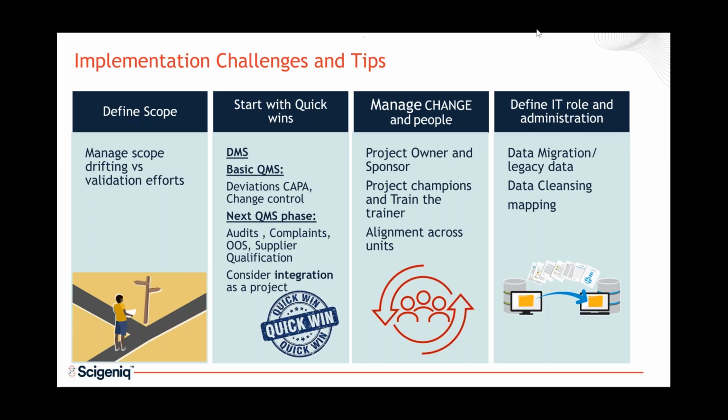So you need to define the scope and make sure what scope you want to do for this year, for example, or this quarter, and make sure not to have that scope drifting, because sometimes we start changing in the middle and then we never go live. And if we keep on changing, sometimes we increase the validation effort we have to do, and we need to really manage this.